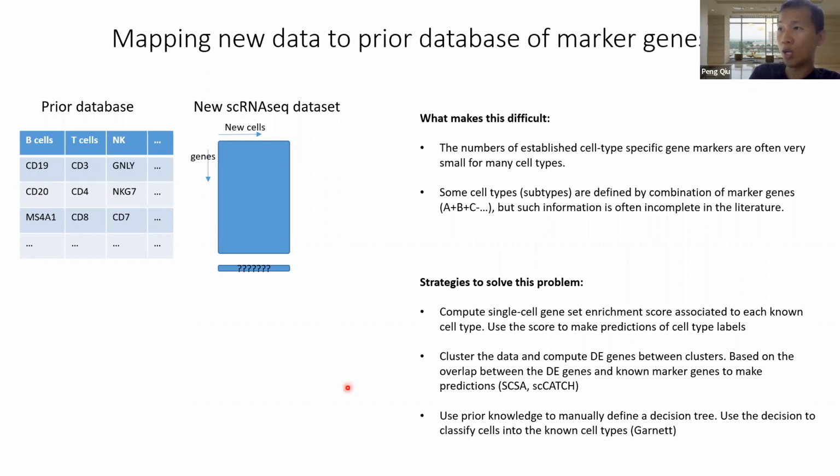Okay, so in fact, at this moment, I have a student in my lab who's working on a comparison between these two algorithms and Garnet and Azimuth, which is a Seurat-based algorithm. And it turns out that these two algorithms, based on clustered data, are actually not performing well.